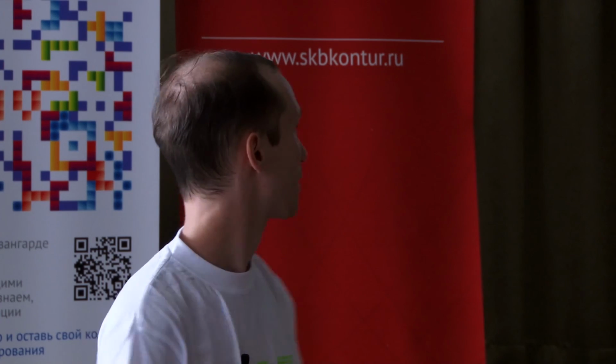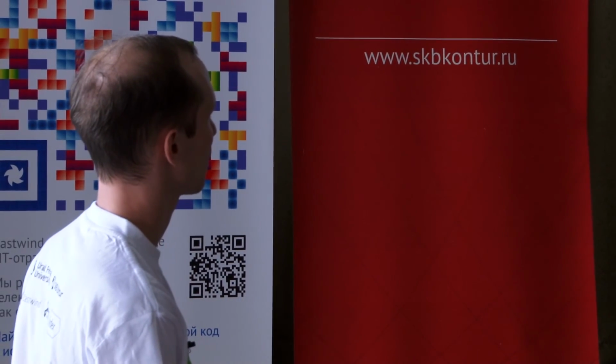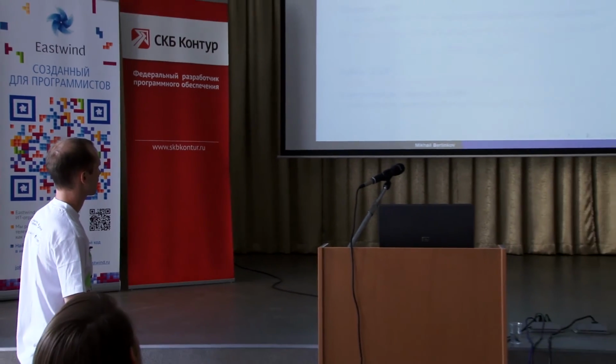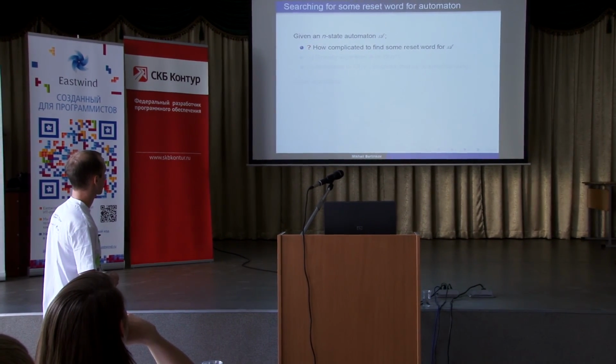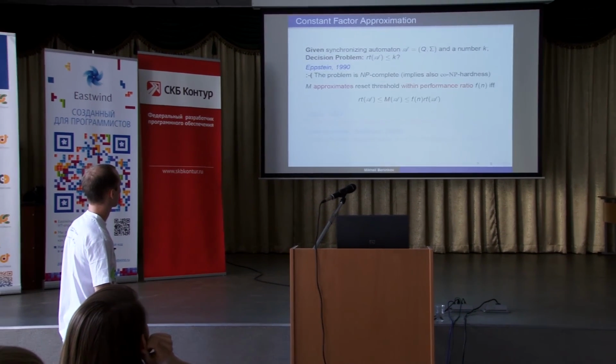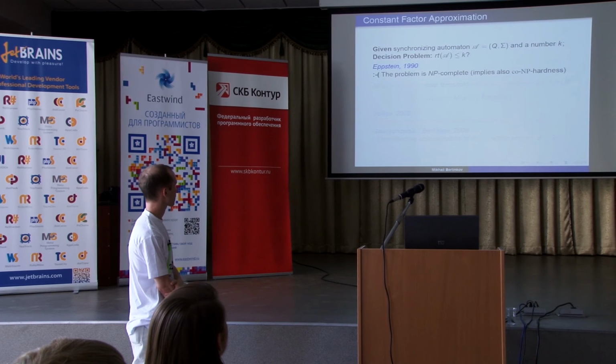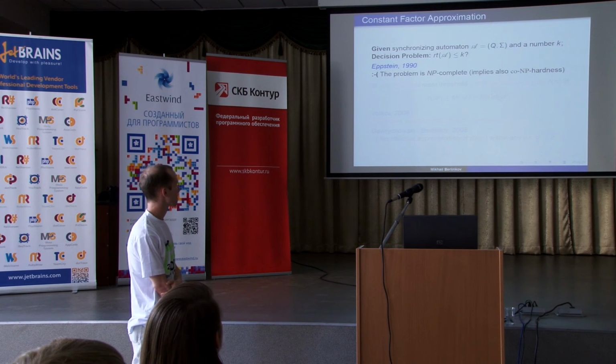What kind of reduction do you use when you say co-NP-hard?